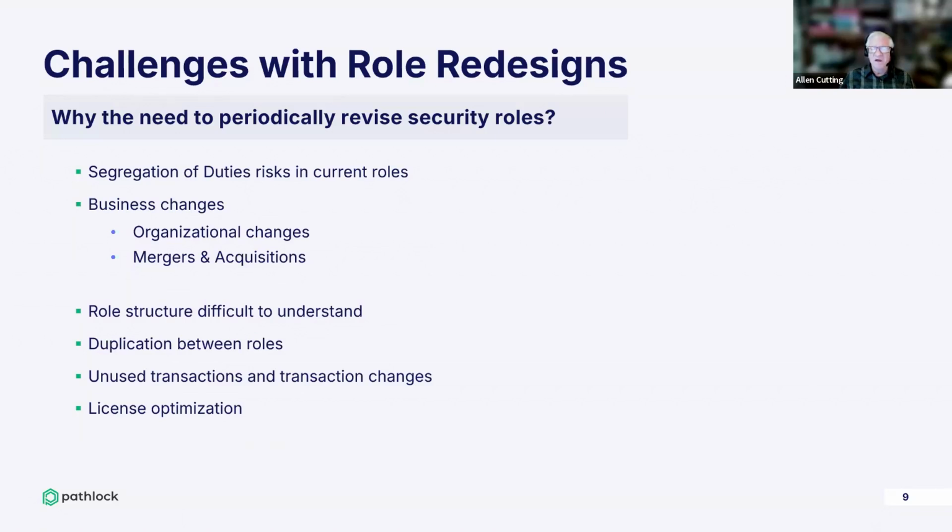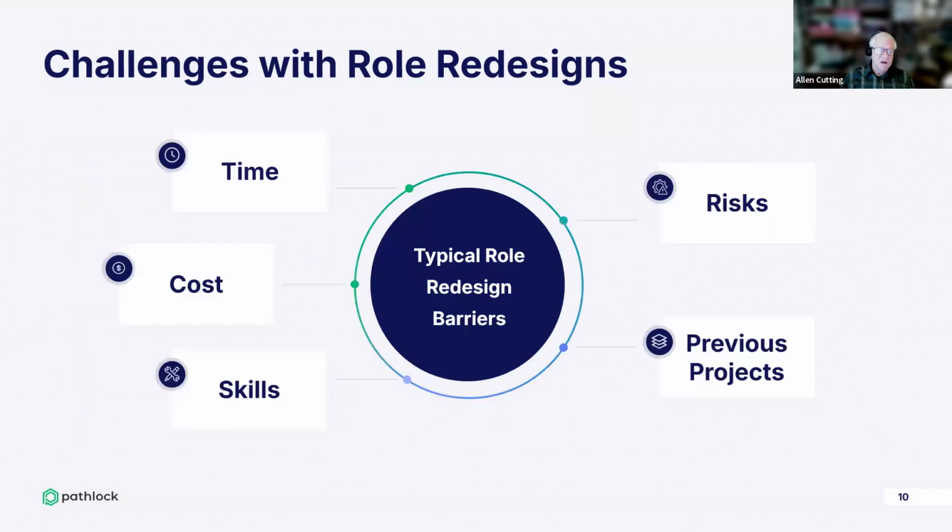In the past, security roles were functional, you wanted to make sure they worked. And now you need to really make sure that they're fine-tuned and not including transactions or objects which are going to put you in a higher, more expensive bucket for your licenses. So those are all reasons for role redesigns.